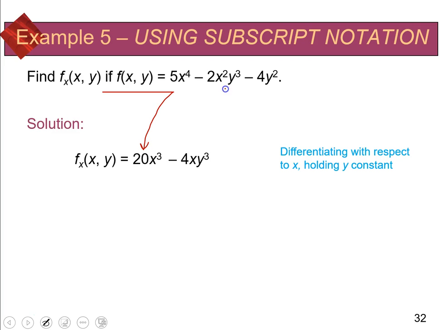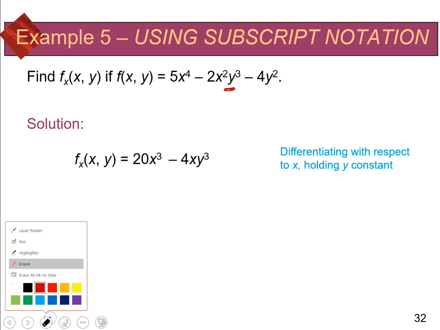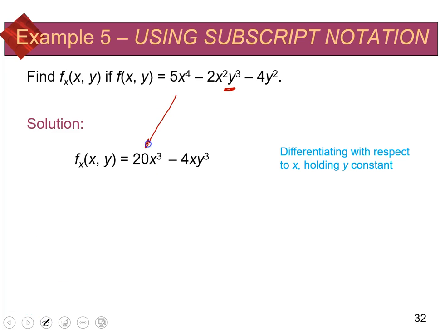For the next one, this is treated as a constant multiple, so that's why you still see it down here. So this comes along for the ride. The derivative of 2x squared is 4x, so I end up with 4xy cubed.